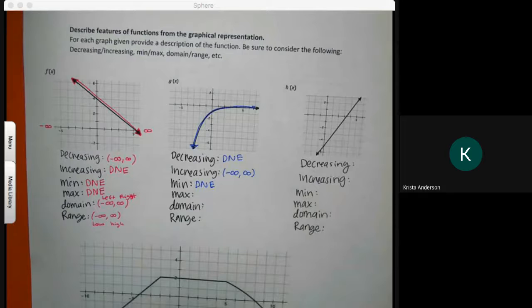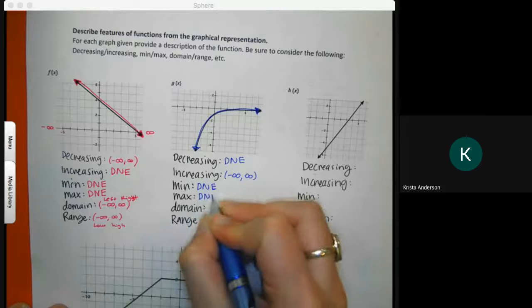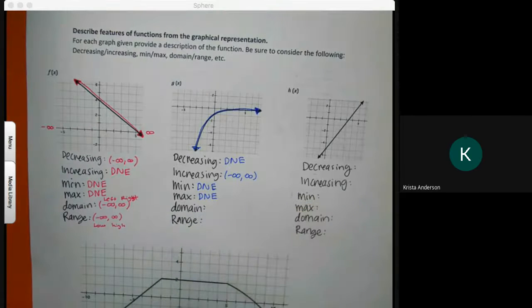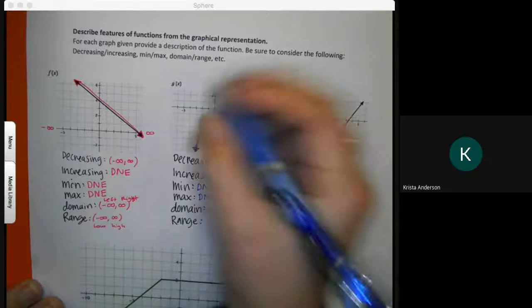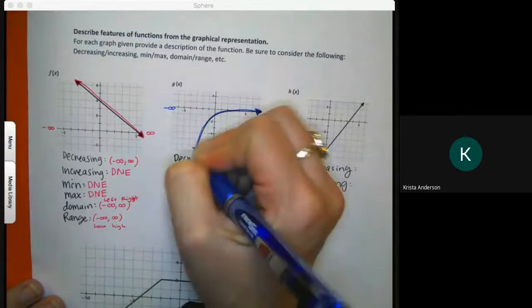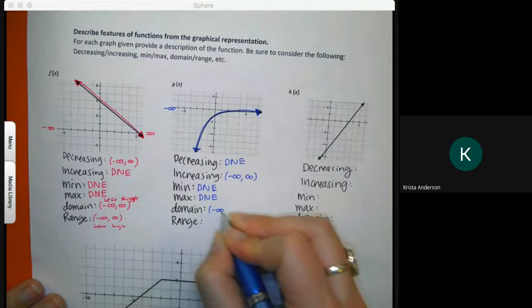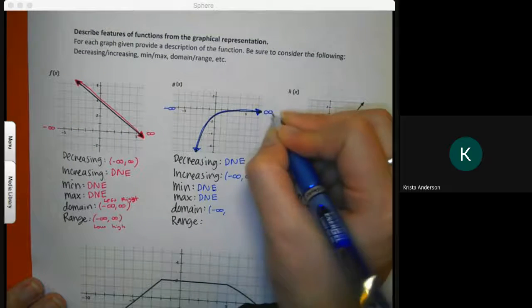The maximum, once again, we have an arrow, which means it'll keep increasing. It won't touch the 0, but it's going to keep increasing, so does not exist because it will continue to change. The domain is left to right. My furthest left would be negative infinity. My furthest right is positive infinity.